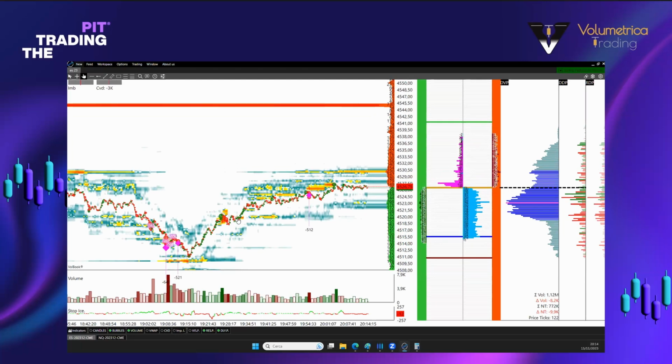Let's say here, price after a small retracement breaks a new high.